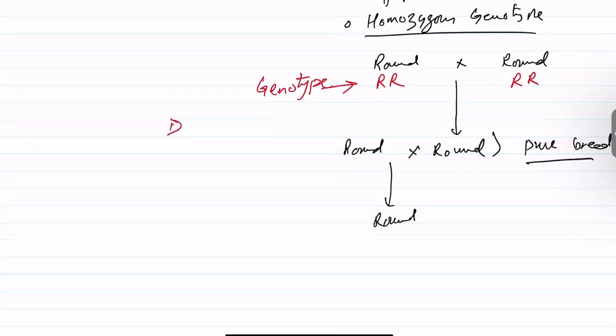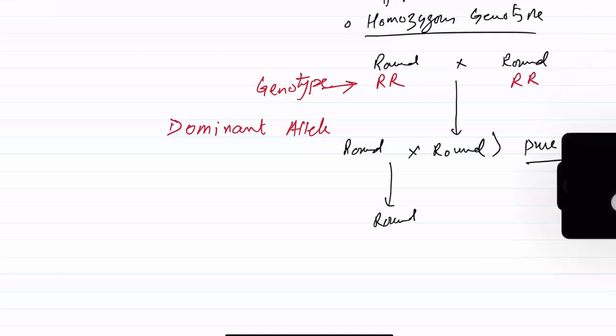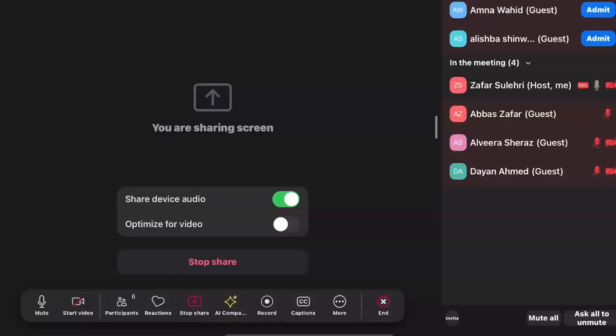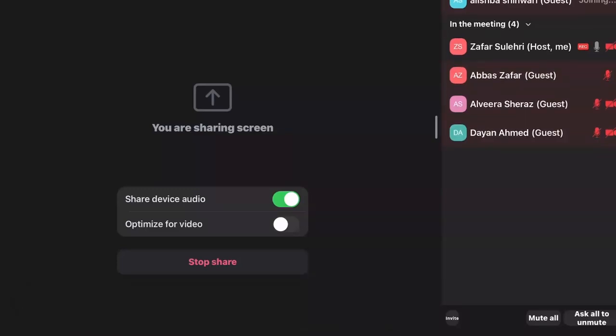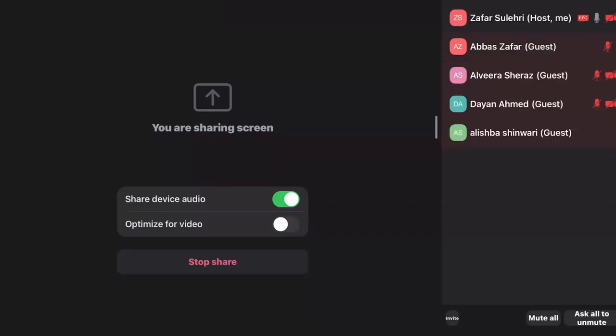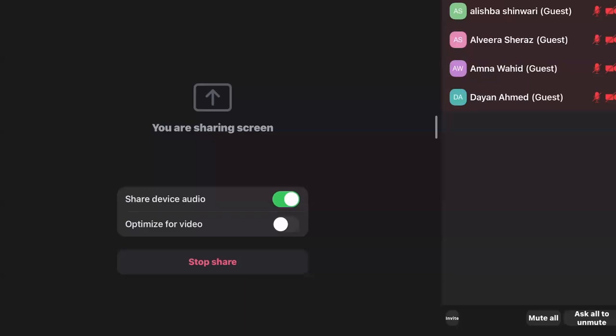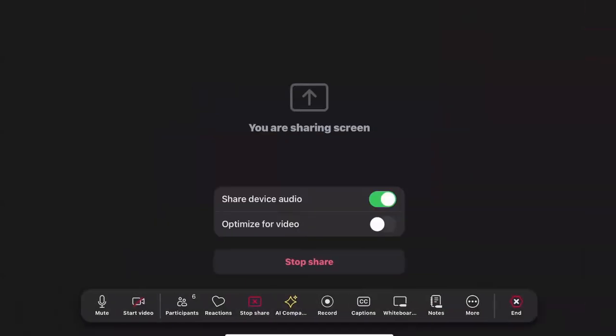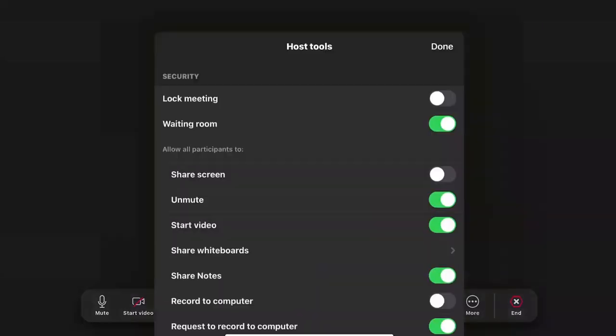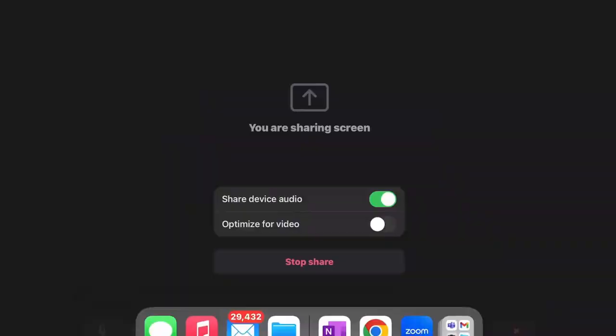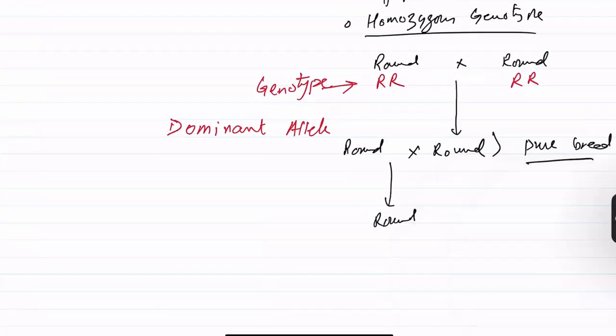Capital letter is for dominant allele. So dominant allele is represented with a capital letter.